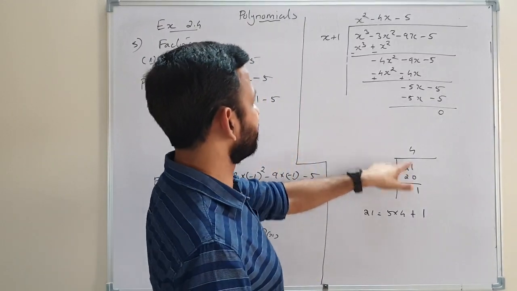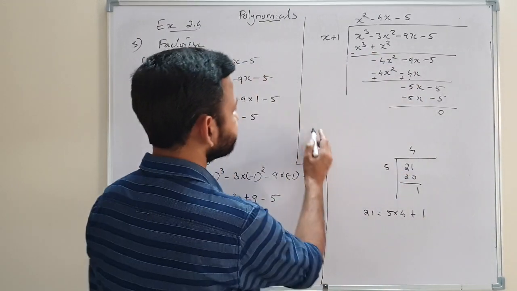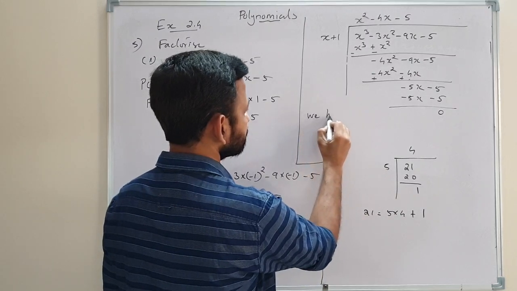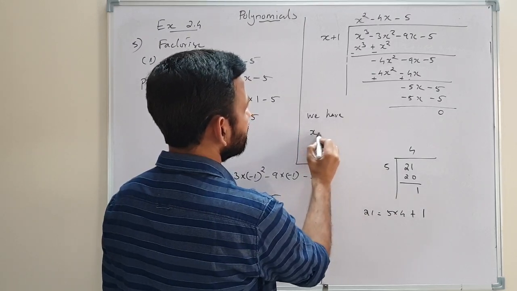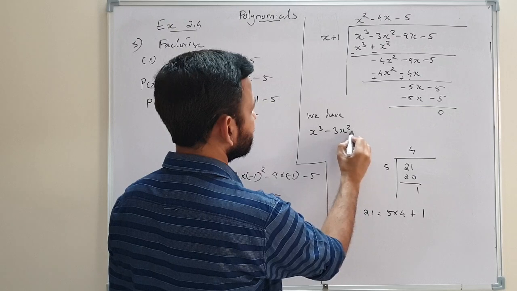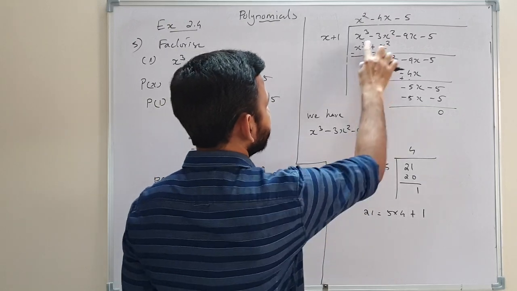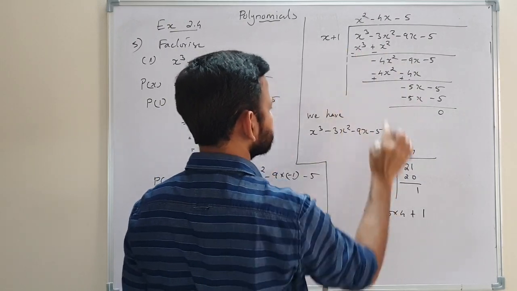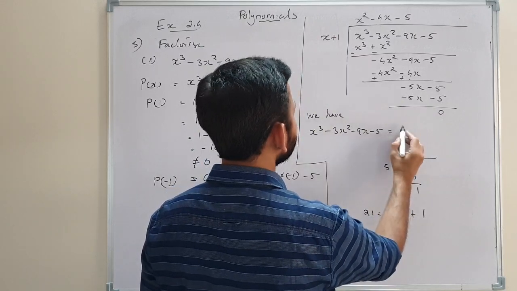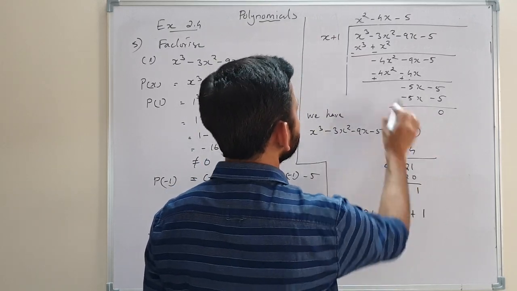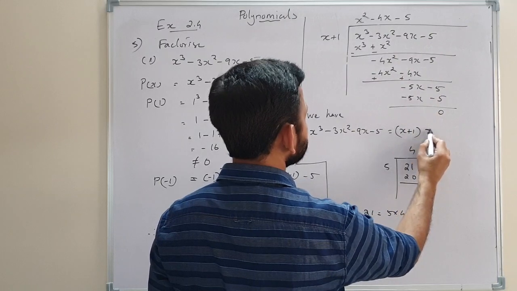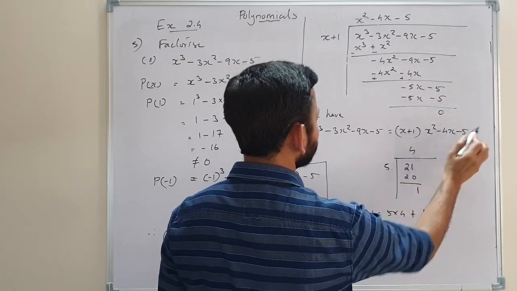In the place of 21 we have the dividend x cube minus 3x square minus 9x minus 5, equal to the divisor x plus 1, into the quotient x square minus 4x minus 5.